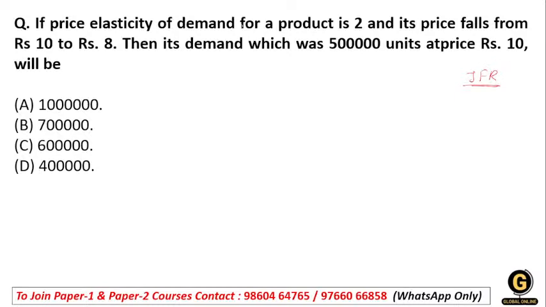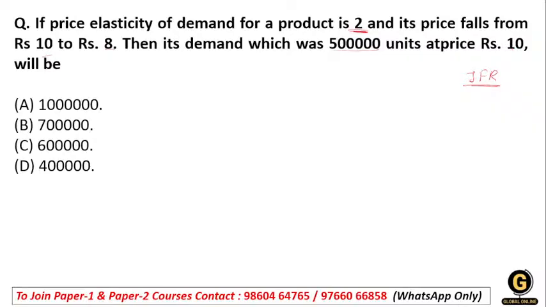If the price elasticity of demand for the product is 2, and the price falls from 10 to 8, that means there is a change in the price. Then its demand, which was at price 10, will be? Ultimately the question is asking about the quantity.